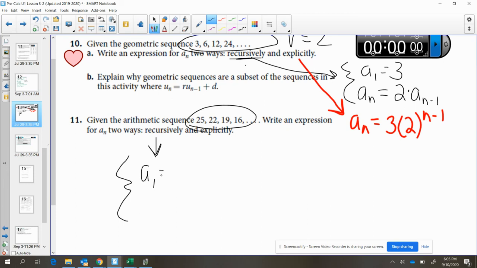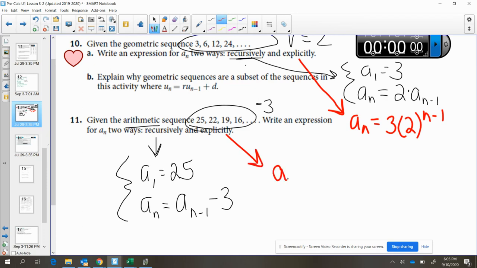So first term here is 25. And then notice this time we have an arithmetic sequence and we are subtracting 3 each time. So to get the next term, we are going to take the previous term and subtract away 3. There's our recursive sequence. Explicitly from that, we're going to use our formula here.